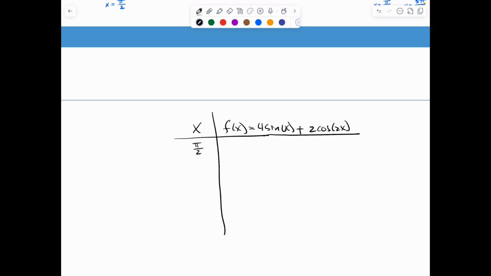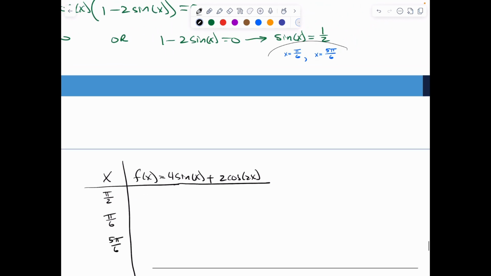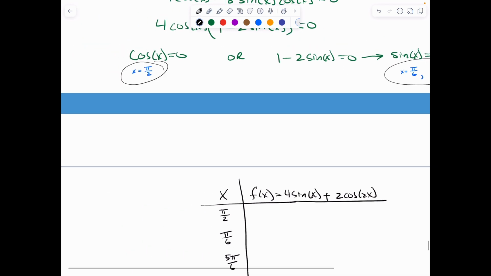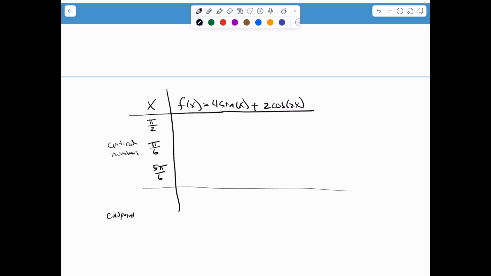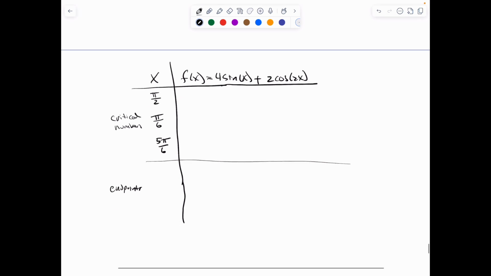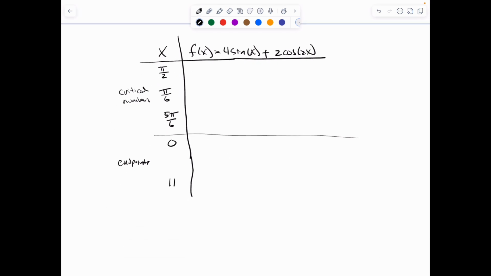I have pi over 2, pi over 6, and 5 pi over 6. Those are the critical numbers that I got just a minute ago. And then the endpoints, 0 and pi.